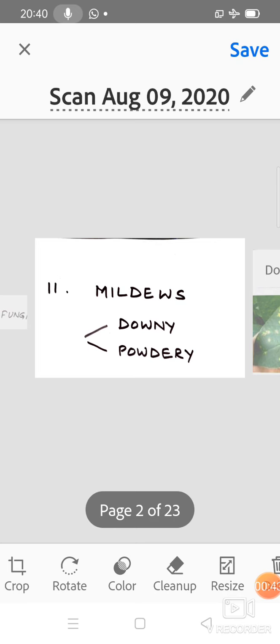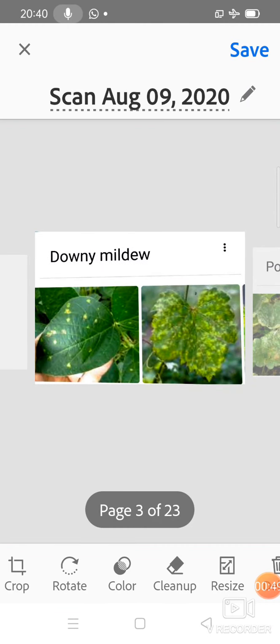These mildews are of two types, downy mildew and powdery mildew. In case of downy mildew, yellow to white patches are seen on the upper surface of older leaves. Here in this picture, we can see yellow or white color patches on the upper surface of the leaf.